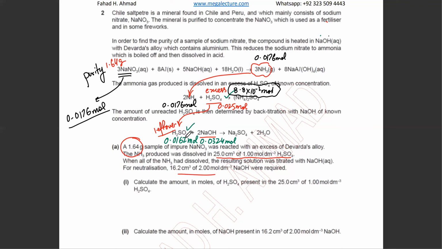So using the ratio we figured out that the H2SO4 reacting was 0.0162. We found the leftover H2SO4. We knew the original H2SO4 that was added, and we figured out the H2SO4 that took part in the reaction. Then from its ratio we figured out the moles of ammonia. Once we knew the moles of ammonia, the moles of sodium nitrate were exactly the same. Is this clear? Did you understand?